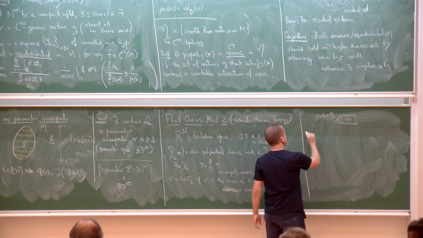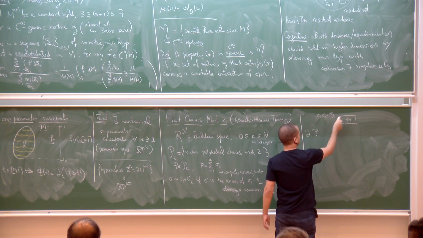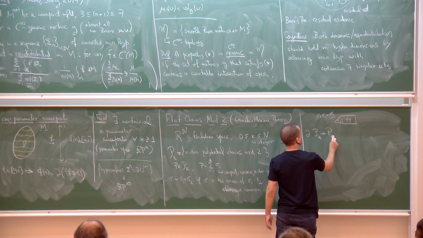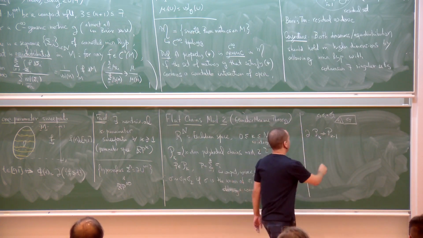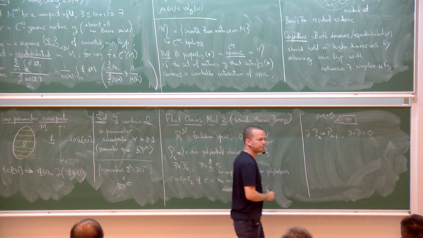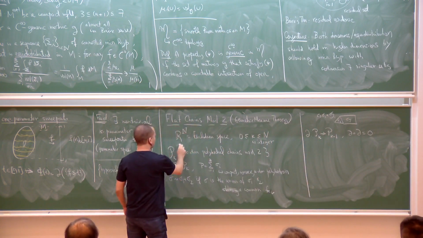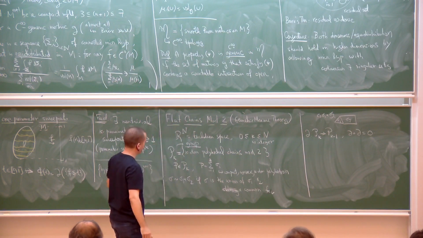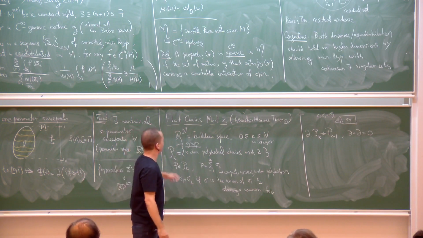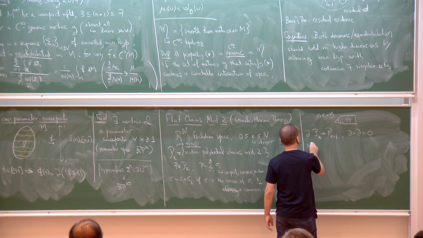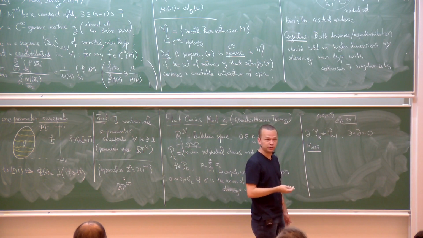Okay, so this is what a polyhedral chain means. Then there's a natural notion of boundary, the boundary of a polyhedron. So the boundary of an element of P_k is an element of P_{k-1}. And of course, the boundary of the boundary is equal to 0. So this is a group with a boundary operator, a chain complex. And then there's a natural notion of mass. Mass is the term for area in geometric measure theory.